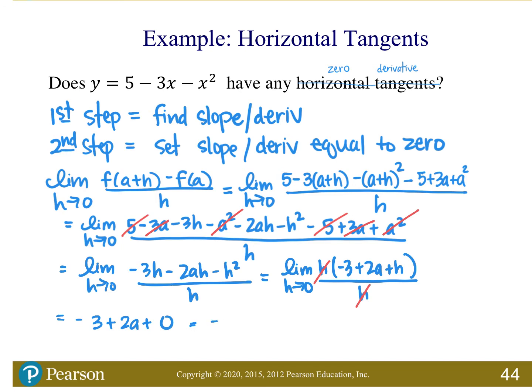So I get negative 3 plus 2a. Okay, that's, yeah. Wouldn't it be minus 2? Yes, thank you. Okay, good catch on that.